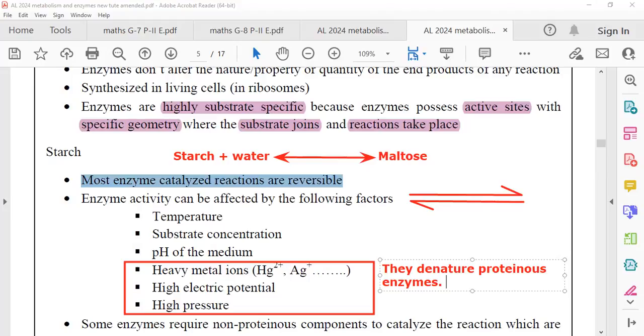They denature proteinous enzyme. So enzymes lose their catalytic, what is it? Function. For those three, you can put the wording there.